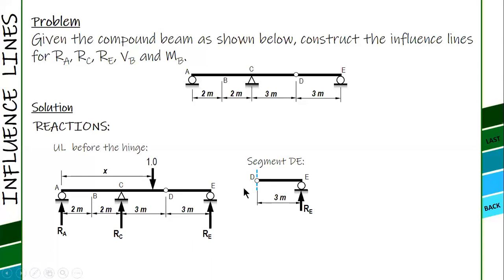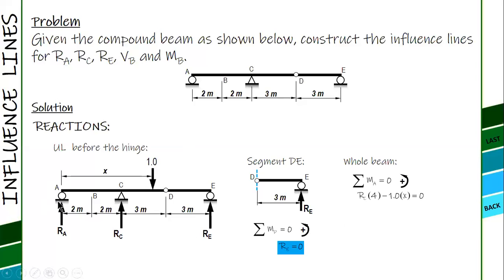Okay. Natay RA. And we all know nga kung hinge, moment is 0. So, we could sum up moment at D and solve for RE na 0. Okay. And then after this, you consider the whole beam. In whole beam ka, na naman kay value sa RE ha. You can sum up moment at A and you can solve for RC.